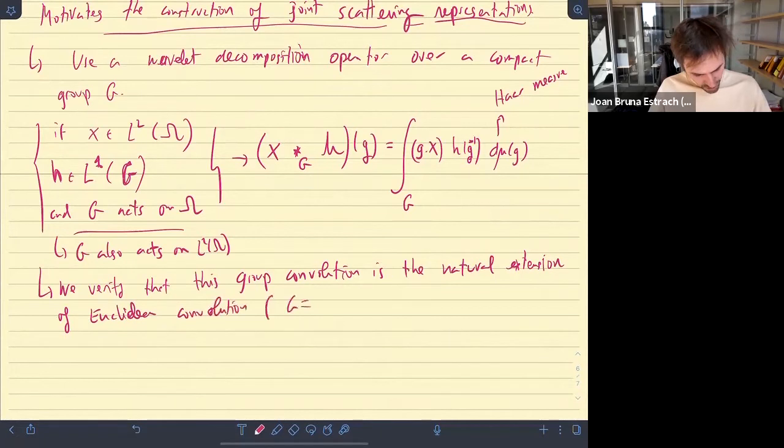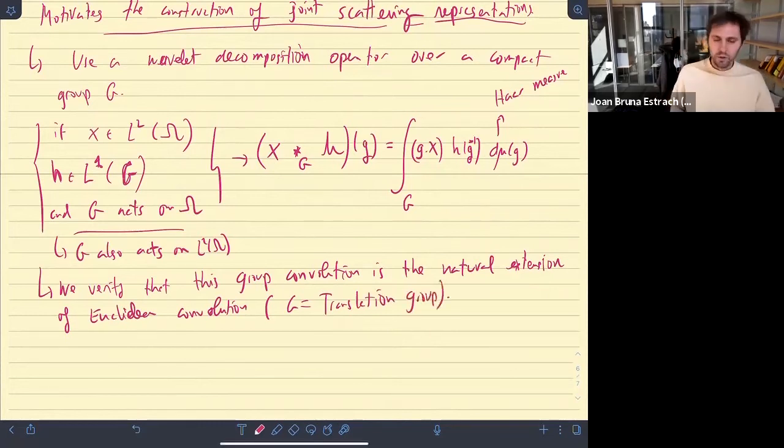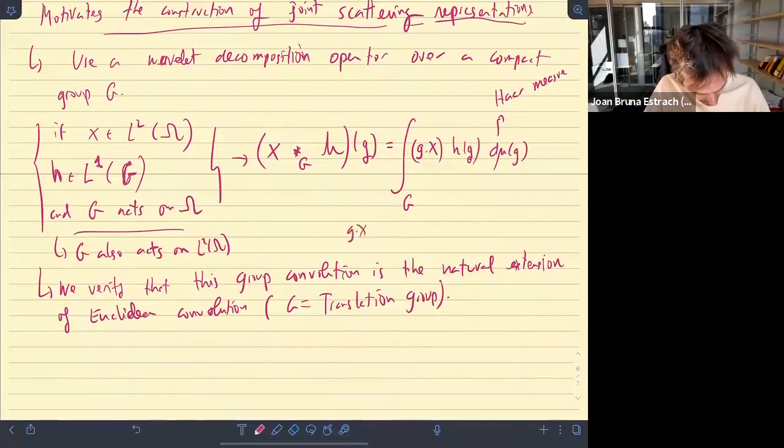If you say G is the translation group, then this is basically doing exactly the same thing that we have. And actually now I remember that the convention we had was like this, because g times x at u is x of g minus 1 times u, if you remember.